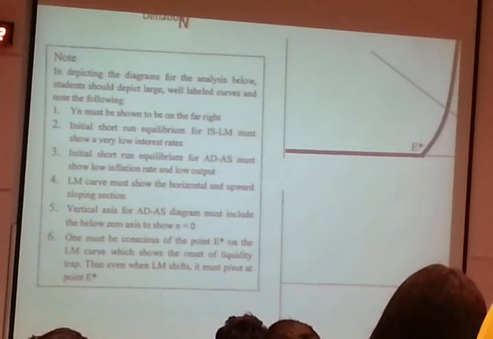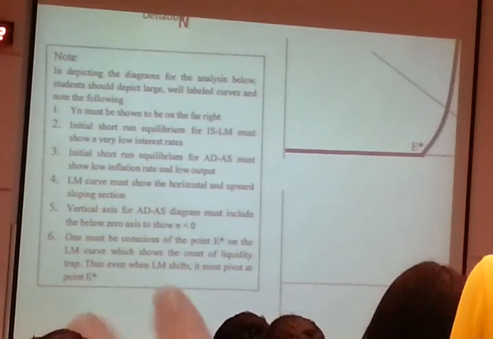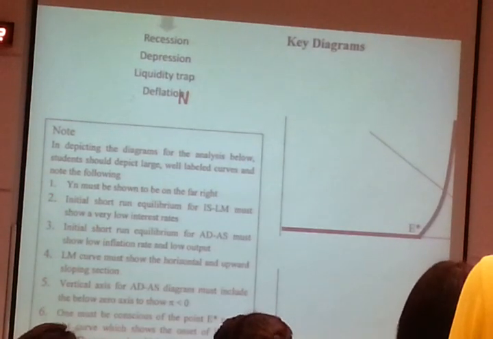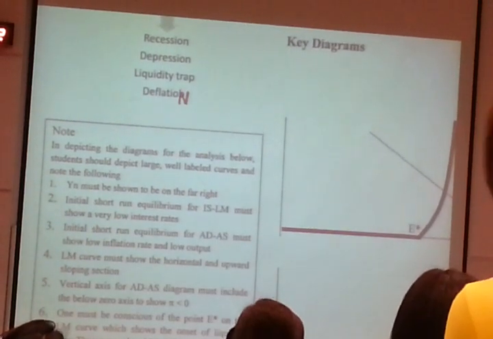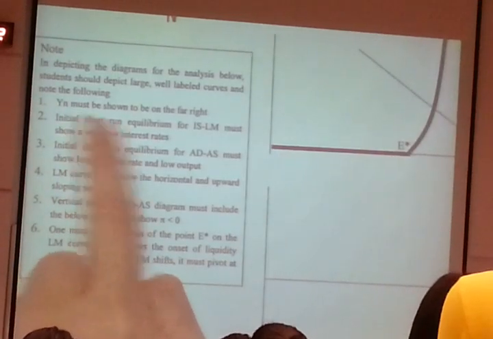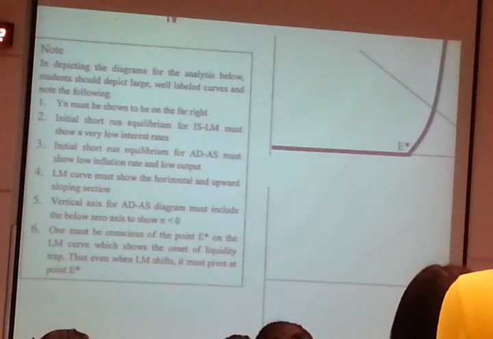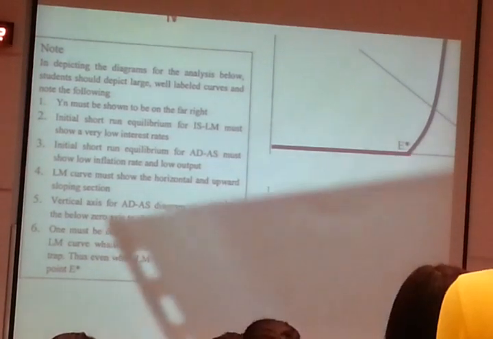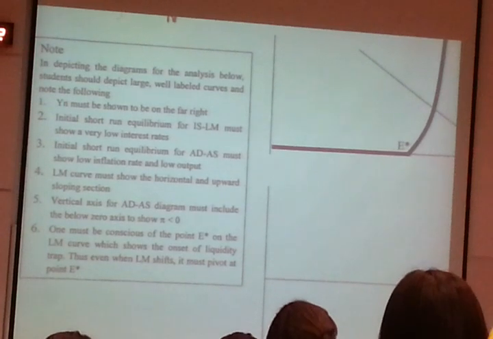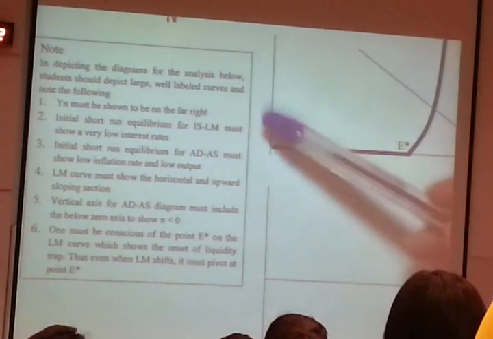Number 1, the economy must be in recession first. So your output must have your yn all the way in the far right. Your output is very much lower than yn. Don't draw yet, just go through the key points.